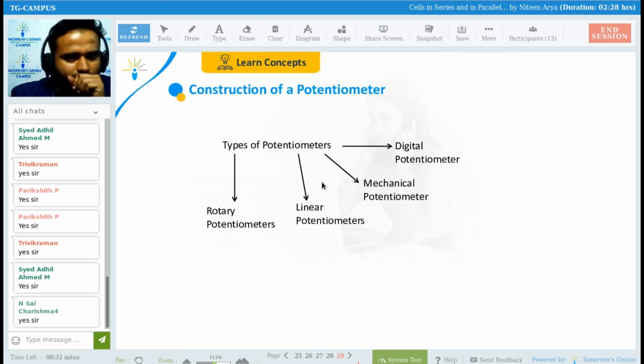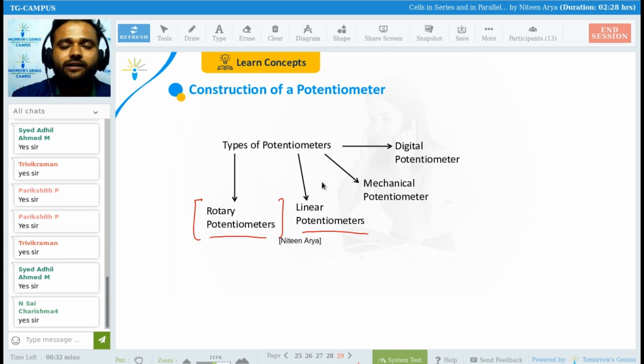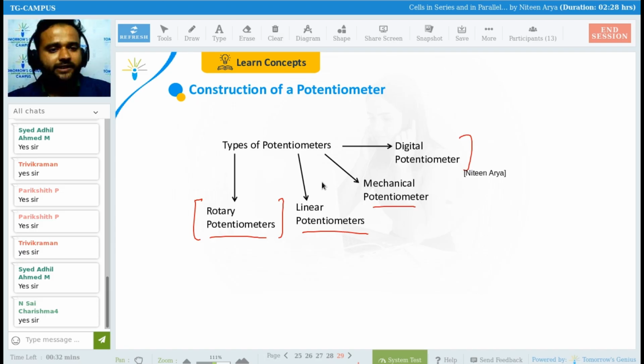Now, construction of a potentiometer, types of potentiometer. There are different types: rotatory potentiometer, linear potentiometer. Rotatory potentiometer, I have given this example already, is used in controlling the speed of a fan, or controlling the heat energy of an iron. Linear potentiometer, mechanical potentiometer, digital potentiometer.